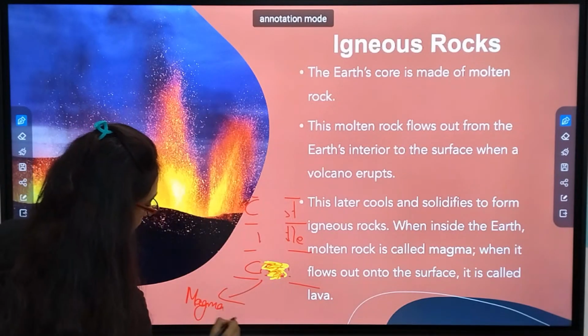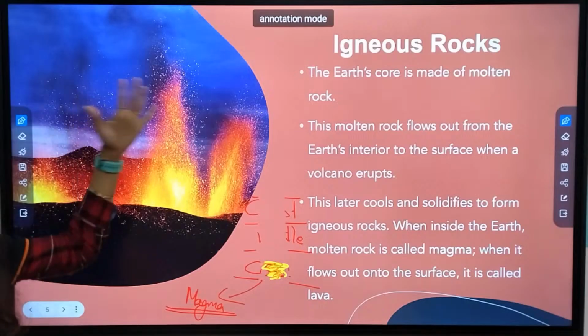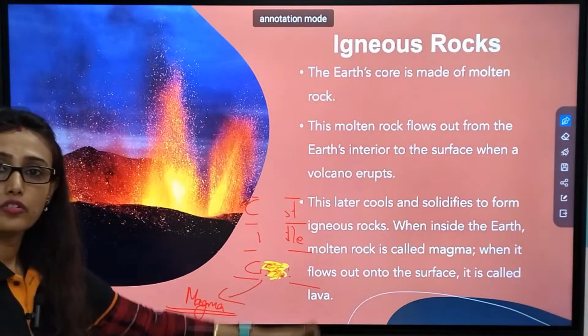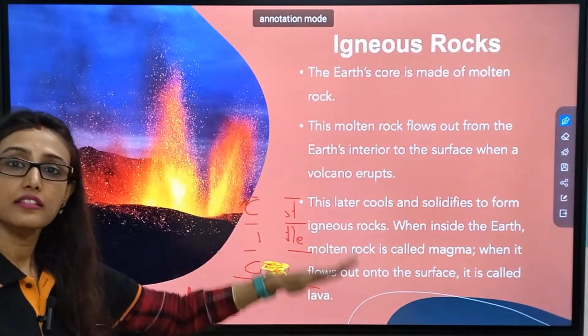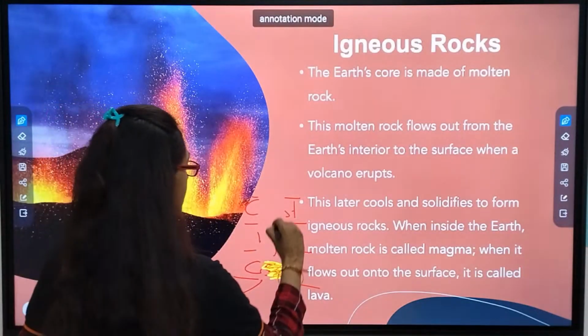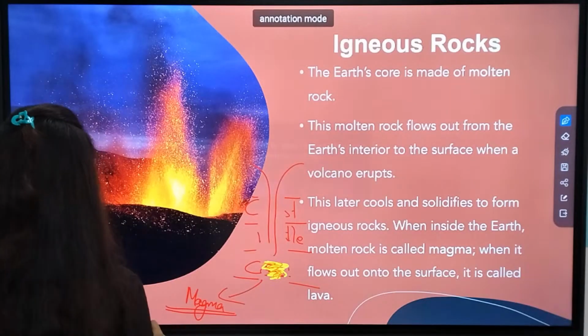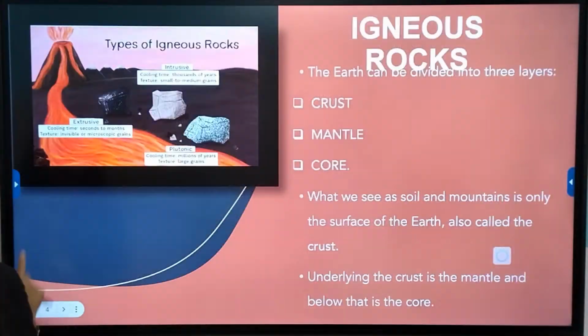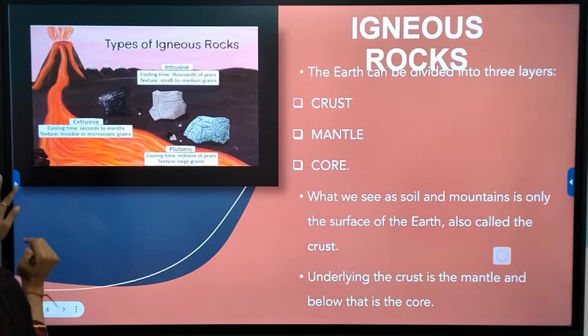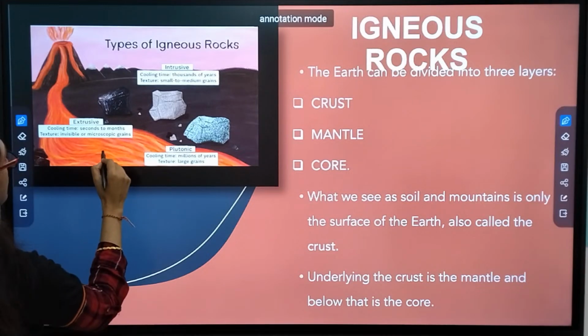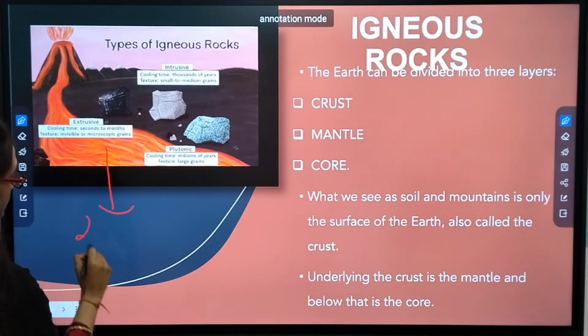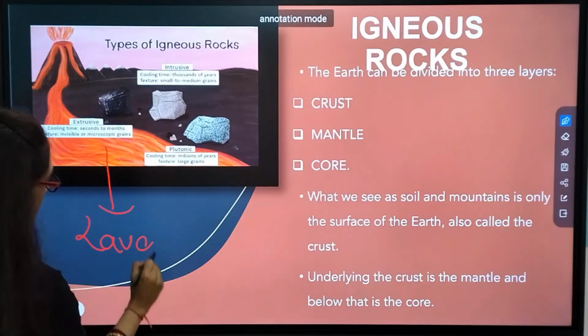Magma is when the molten rock is inside the earth, and when it comes out like this and flows like this through the mountain, it is being called what? It is being called nothing but lava.